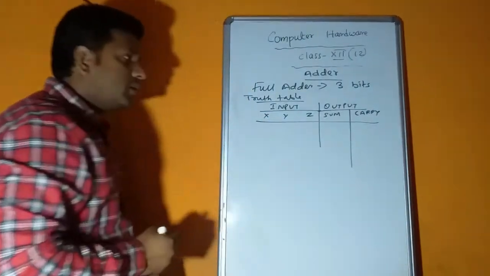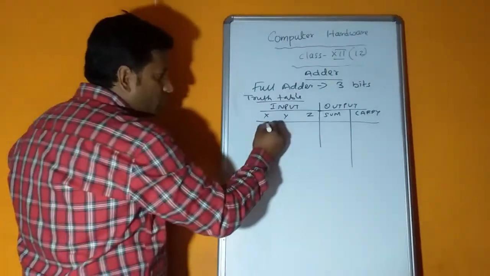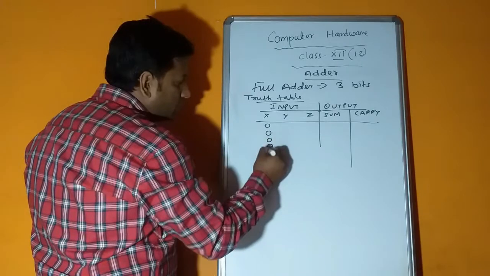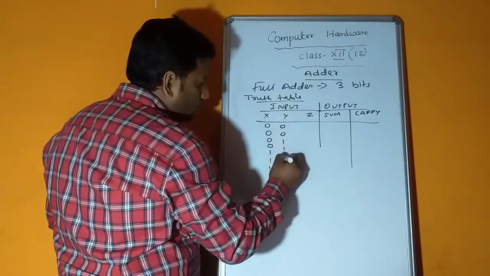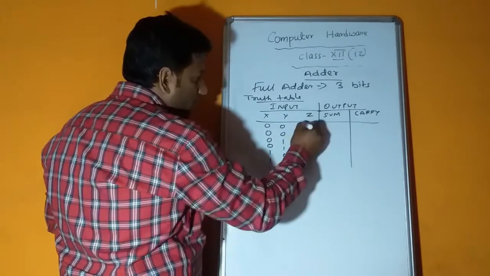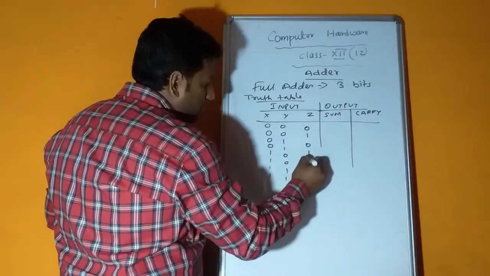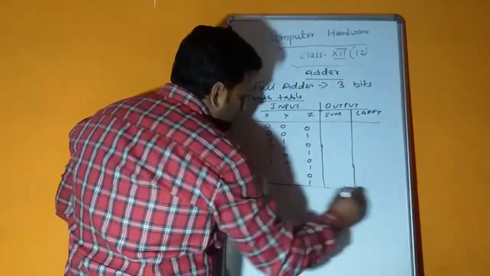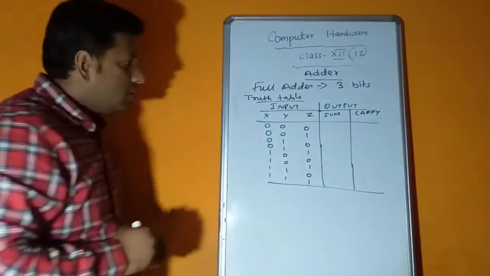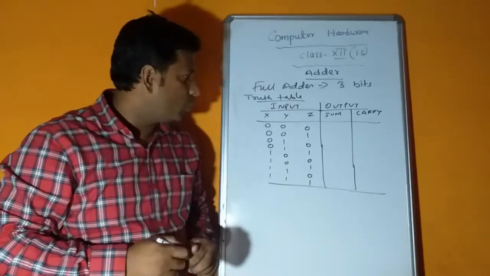So since it is for 3 different bits, first we'll be having four 0s, then four 1s, then two 0s, two 1s, 0 0 1 1, then single 0 1, and based on the binary addition calculations we'll get the value of sum and carry.